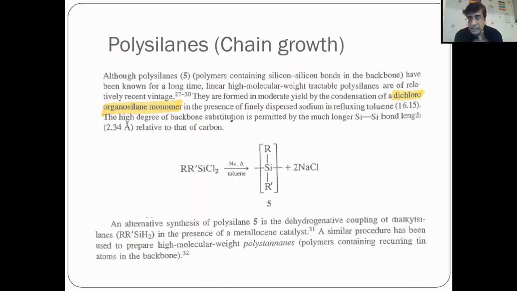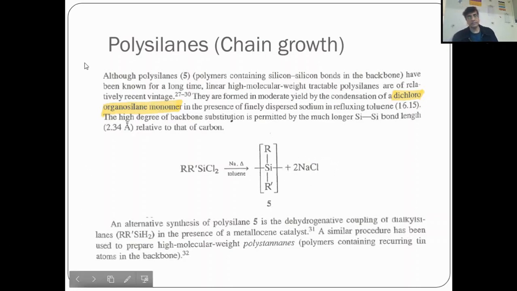So this is the basic difference on the basis of mechanism. Polysiloxane by step growth condensation, polysilane by chain growth condensation. This is chain growth because an initiator is used here. Why condensation? Because a small molecule is produced.